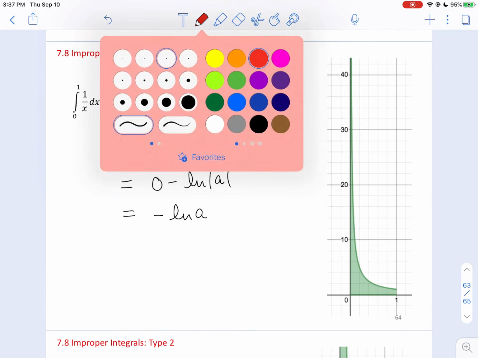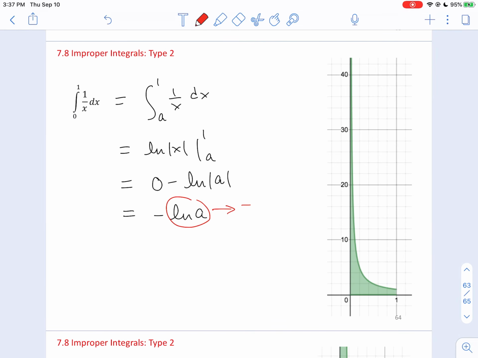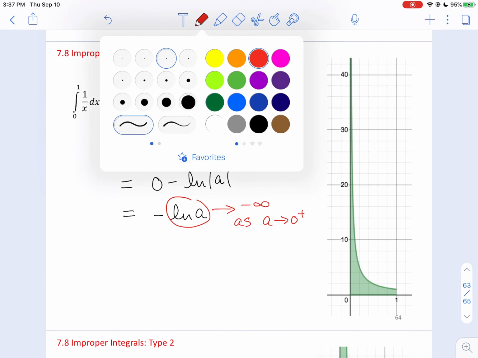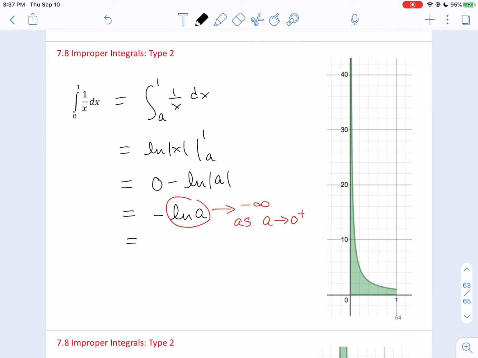Right, so this expression right here approaches negative infinity as a approaches 0 from above, which means that overall we're approaching negative infinity. We're just approaching positive infinity here. So this tells us that this integral diverges. The integral from 0 to 1 of 1 over x dx diverges.